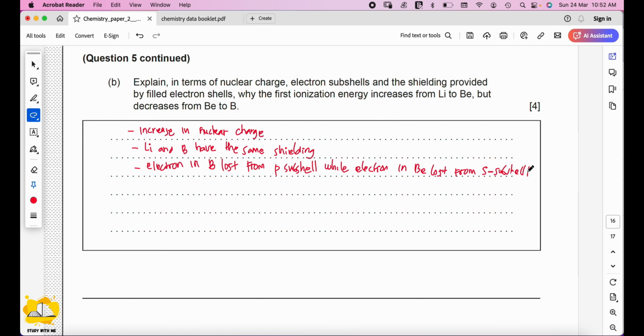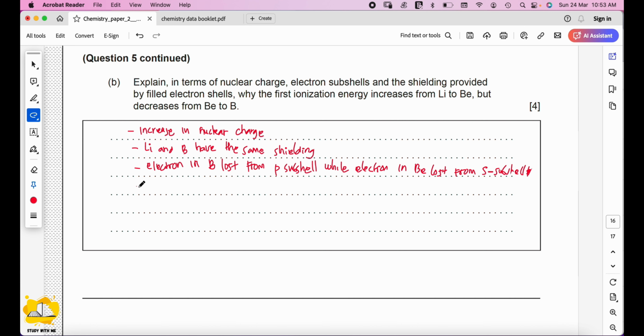This is about the electron configuration. So when you write the electron configuration of B, you will reach the P orbital, but for Be you only reach the S orbital. So losing the electron from the P subshell is easier compared to the S subshell. That's why the first ionization energy from Be to B decreases.